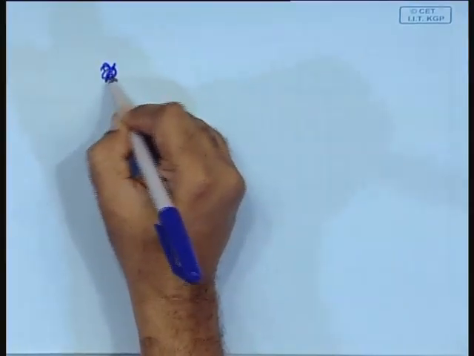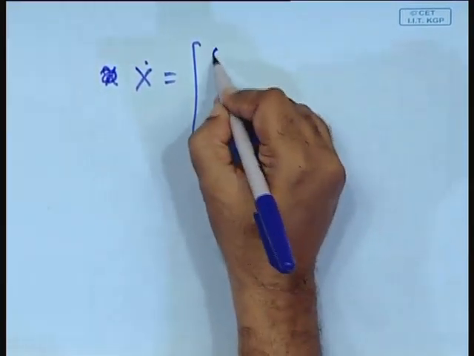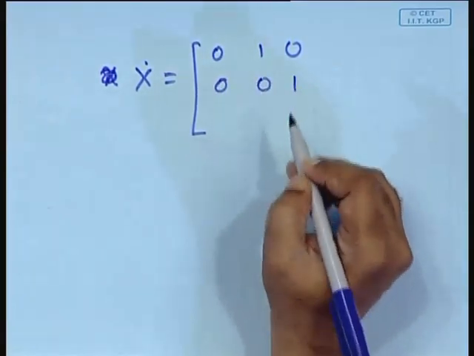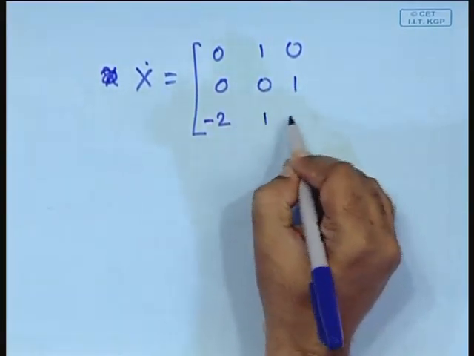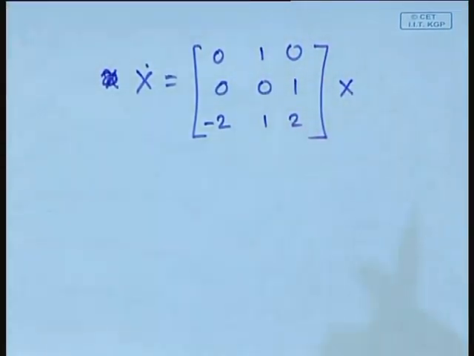Try to do one problem before we come to the next class. If capital X dot is equal to the matrix 0 1 0, 0 0 1, minus 2 1 2, times X, then what will the behavior be like?